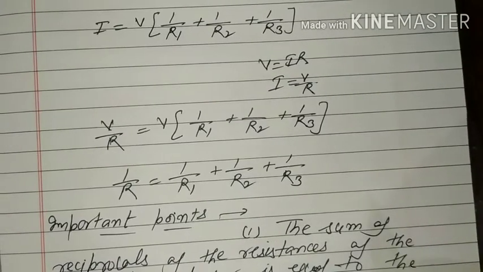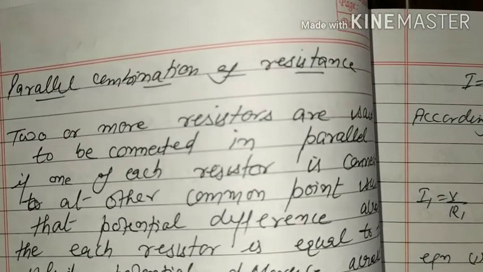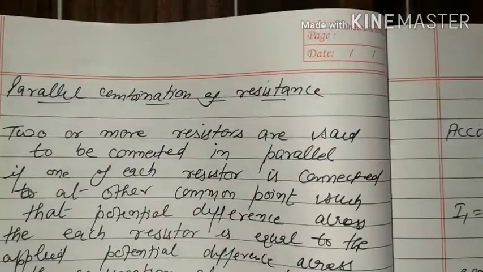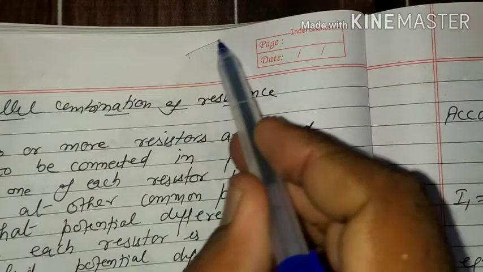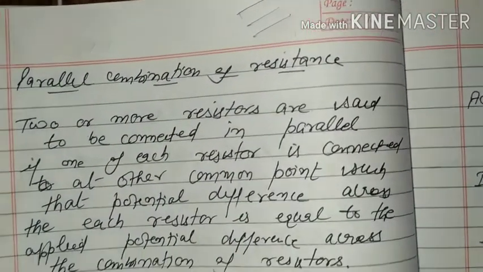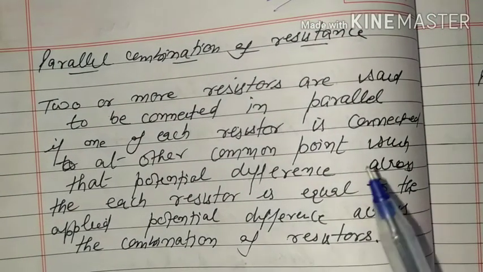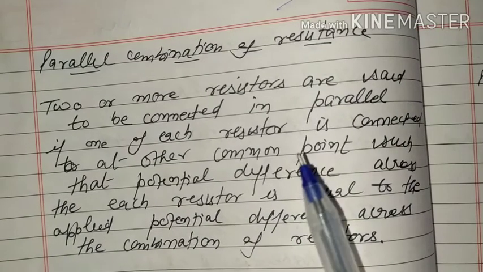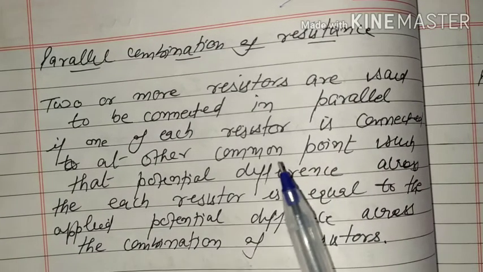Now next topic here. Now the parallel combination of resistors, as three lines are parallel in math, like this. Okay, two or more resistors are said to be connected in parallel if one end of each resistor is connected to a common point.